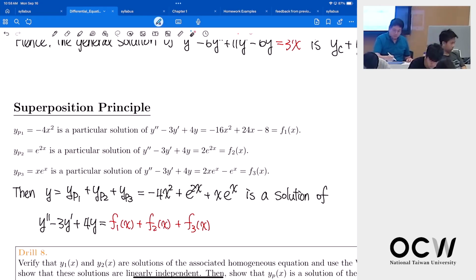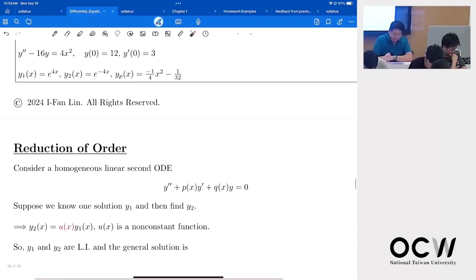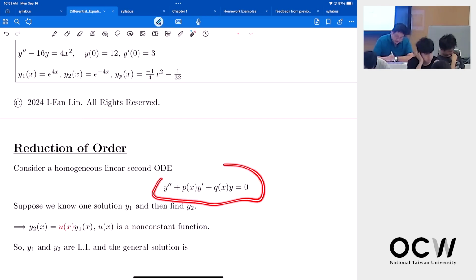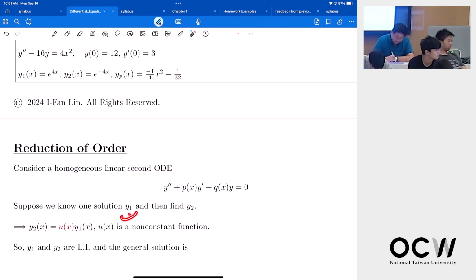Okay, now with that basic knowledge, finally we can learn how to find a solution. First, we need to learn the reduction of order. If I have a homogeneous linear second order differential equation, and I also tell you one solution, y1, then based on this solution y1, we can find the other solution y2.